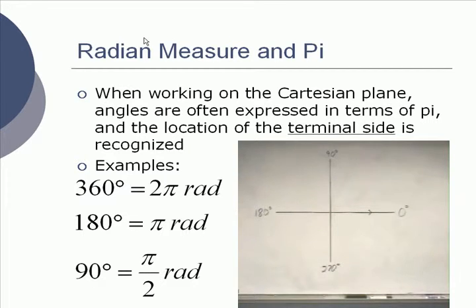Okay. Well, the other thing that's important is what's on the screen here. There are certain angles, specifically multiples of 30, multiples of 45, and sometimes you can argue multiples of 15 degrees, where it's convenient to express that angle in terms of pi and in radians. Well, some of those are easy to do. For example, 0 degrees is equal to 0 radians.